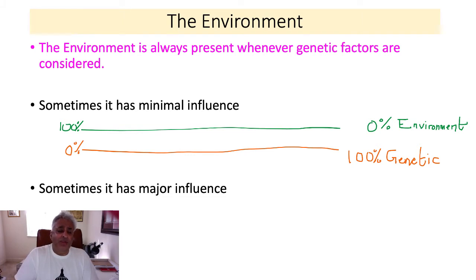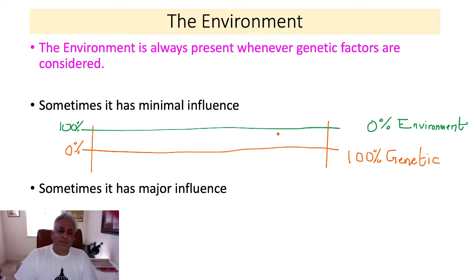So the range can go from 5% genetic and 95% environmental, where the environment has a large influence on dictating the outcome for that individual, all the way to the other side where you could have a 5% environmental and a 95% genetic interaction at the chemical level.